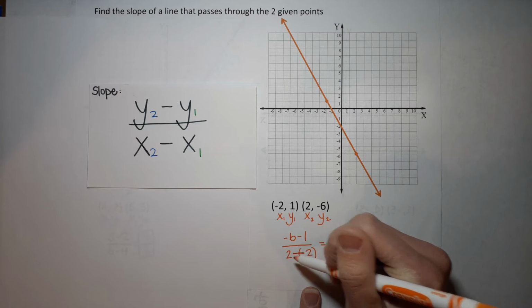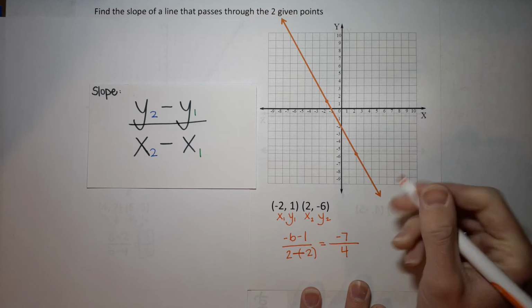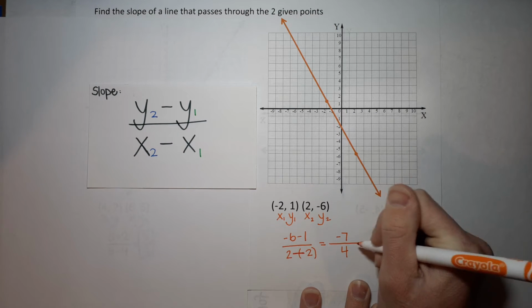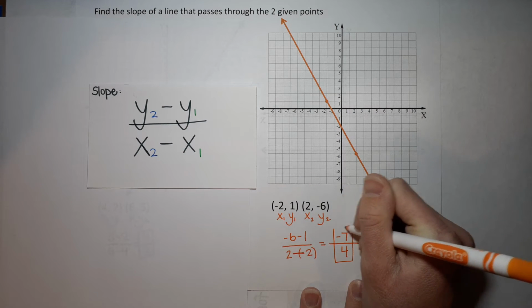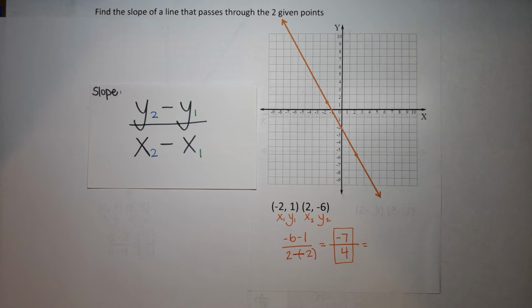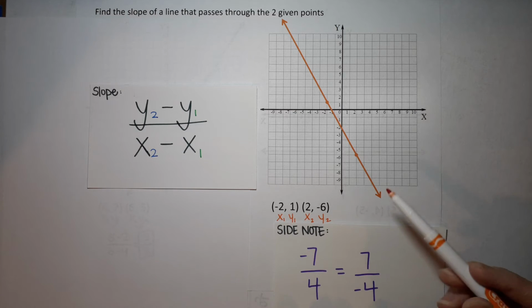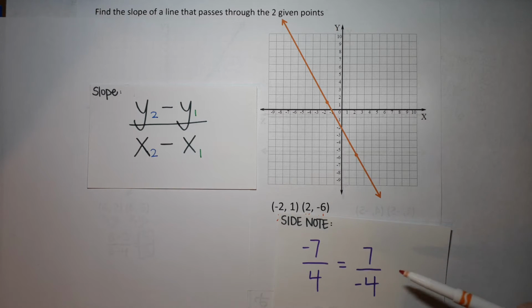So this turns into 2 plus 2, which is 4. Okay, guess what? That is my answer. -7/4. All right, another side note, kind of like when we talked about earlier, my negative can be on top or bottom. It doesn't change it.